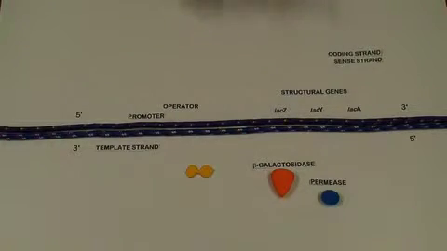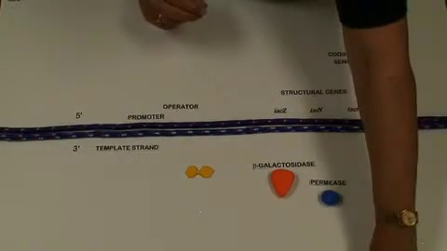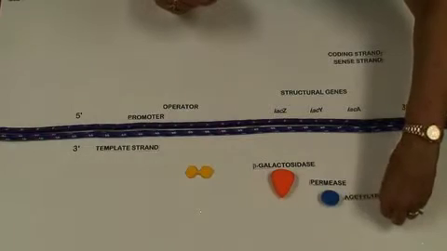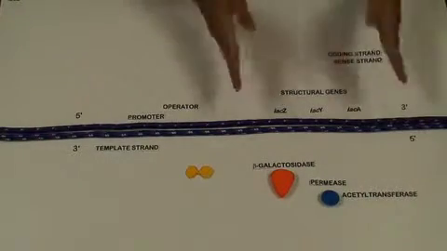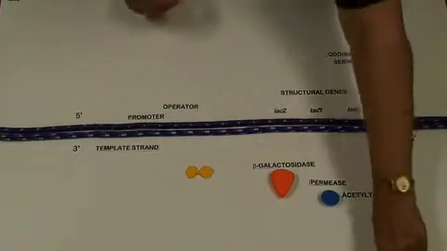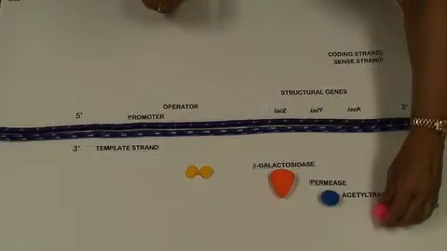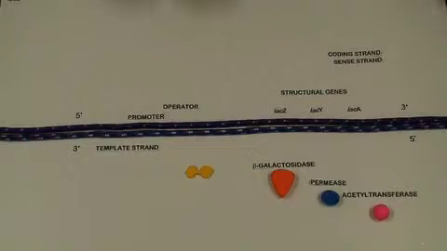Finally, LAC-A. Now, LAC-A is an acetyltransferase. And within the actual lac operon, its role is a little bit not well understood. Most acetyltransferases actually work by adding acetyl groups to sugars to have them exported outside of the cell if they are not being used.